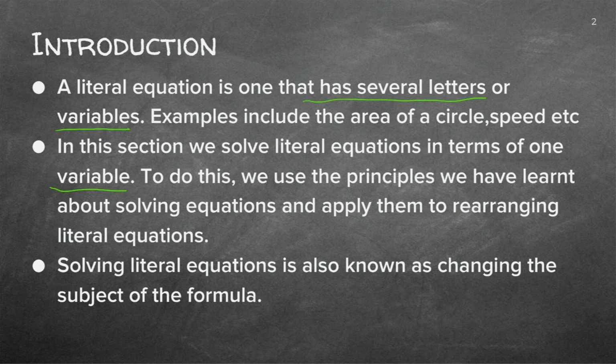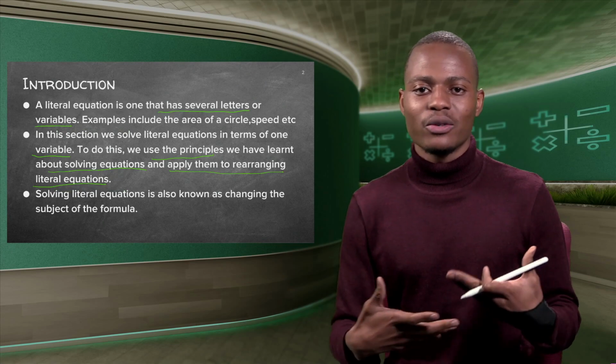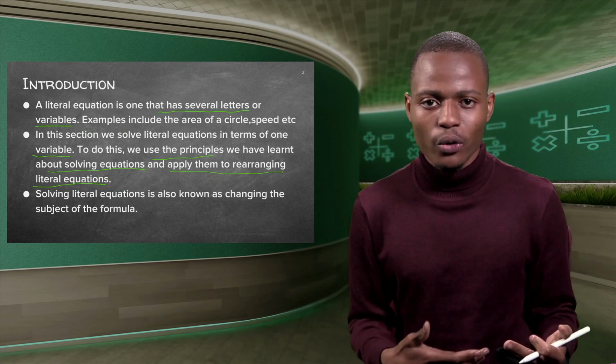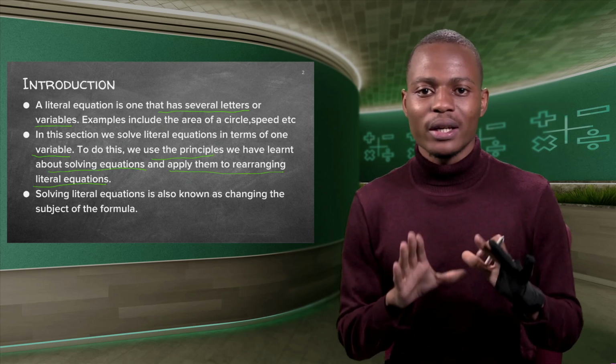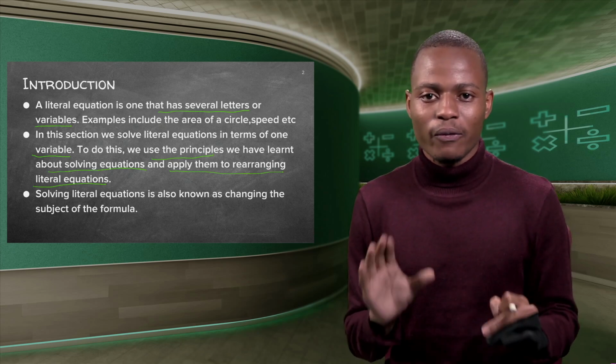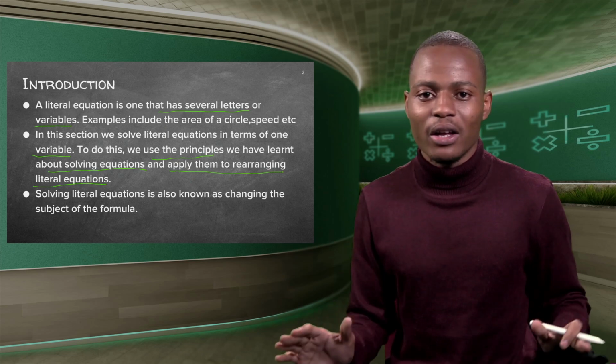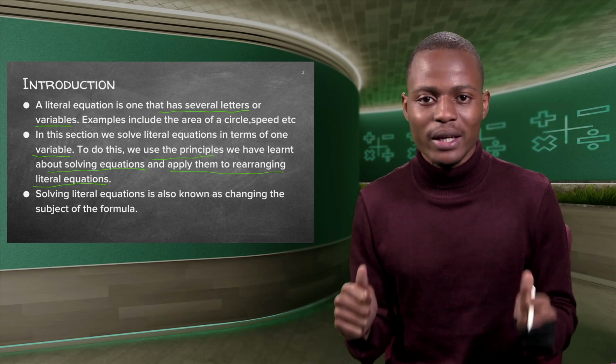To do this, we use principles we have learned about solving equations and apply them to rearranging literal equations. So we will be using a skill that we already know, and we will use that technique to ensure that we make any value the subject of the formula. So we need that skill.